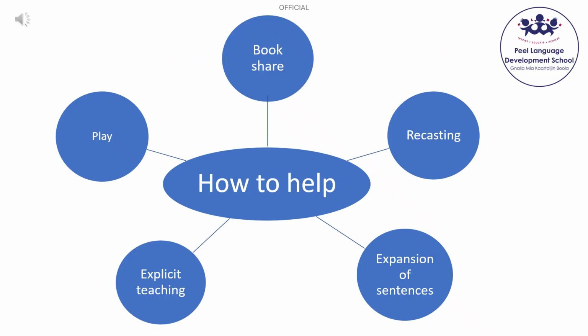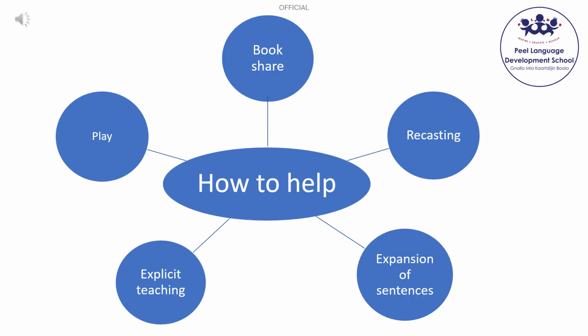One of the best things that you can do at home to support your child's grammatical development is engage in conversations with them throughout the day, in play and everyday tasks. When we're looking at recasting, the idea is that you model the correct grammar back to them in a natural way while trying to keep the flow of conversation going.